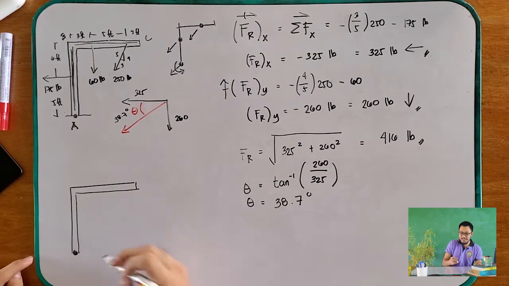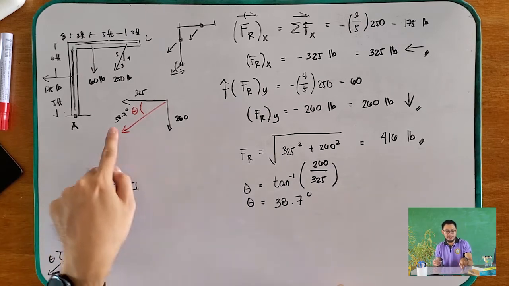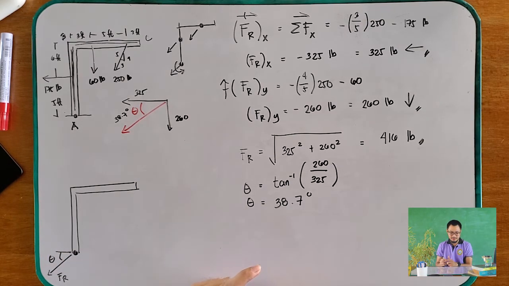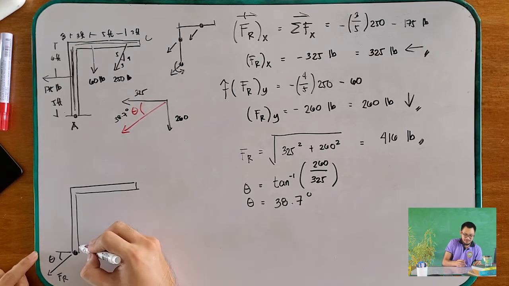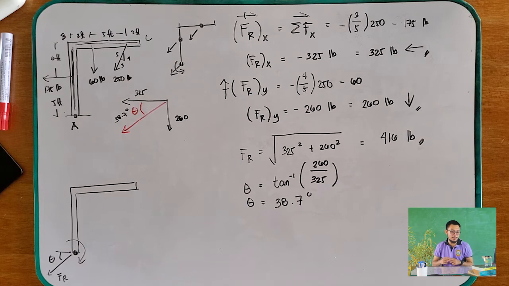What will it look like when we draw it here? We assume that our FR is here. This is your FR and it is directed at theta of 38.7 degrees. But we are still looking for the moment.